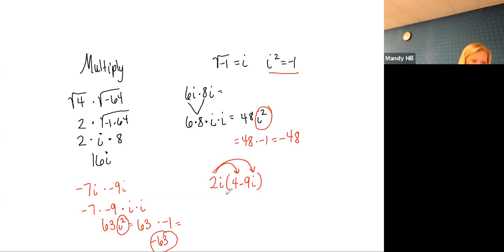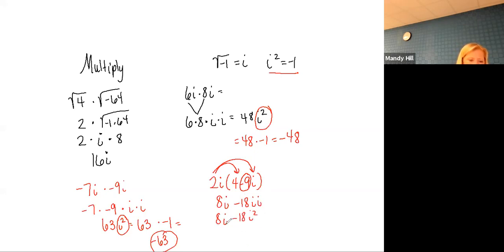Well, 2 times 4 would give me 8i. And then 2 times, this is a -9. Be careful about that. 2 times -9 would give me -18. And then I've got i times i there. So we've got 8i minus 18i squared.